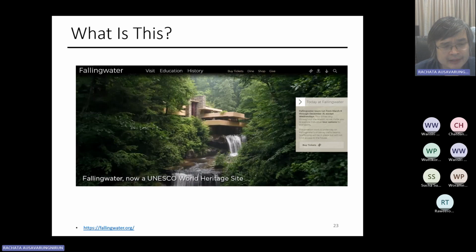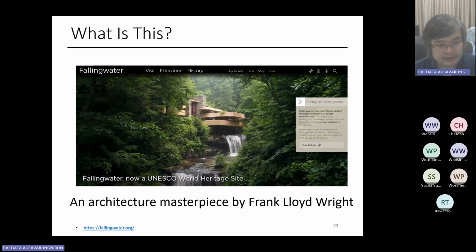Again, in a really close by area, the same state park in Pennsylvania, you will see this structure. It's a house called Fallingwater, which is currently a UNESCO World Heritage Site. This is the house built by Frank Lloyd Wright.